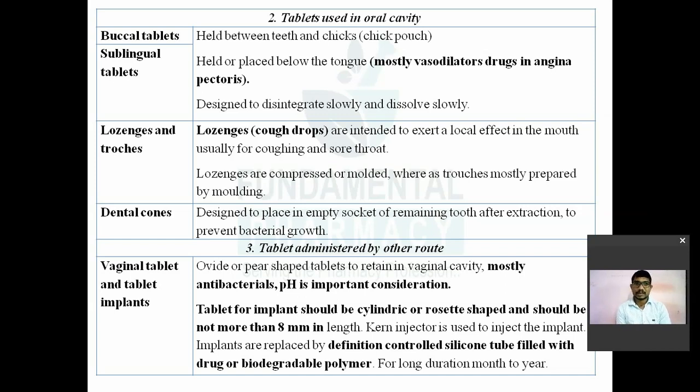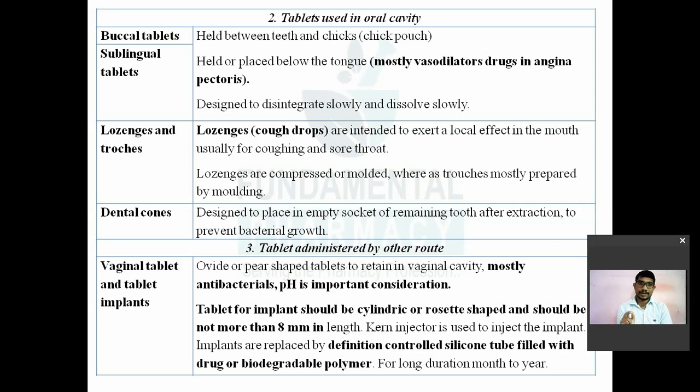So the tablet is held below the tongue. Most of the time this route is used for vasodilator drugs. For example, in case of angina pectoris, the desired action is needed within 2 to 5 minutes. In that case you have to use vasodilators. Which kind of vasodilator? You have to use nitroglycerin or isosorbide dinitrate.